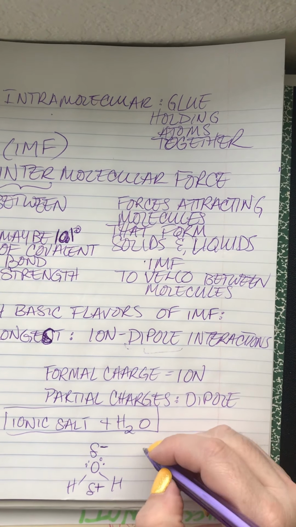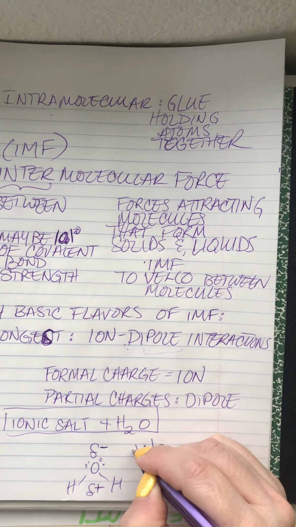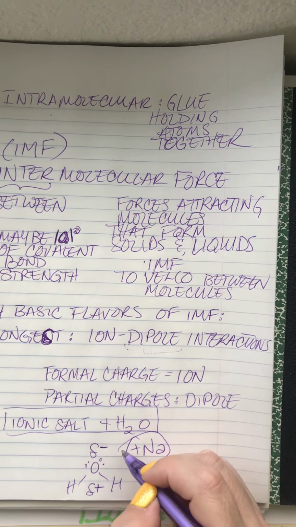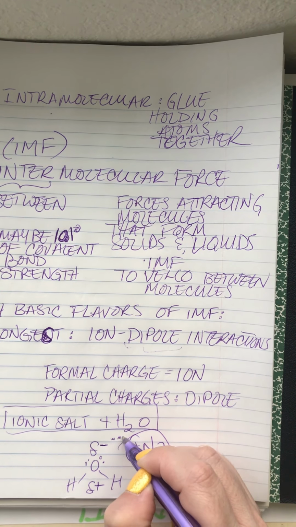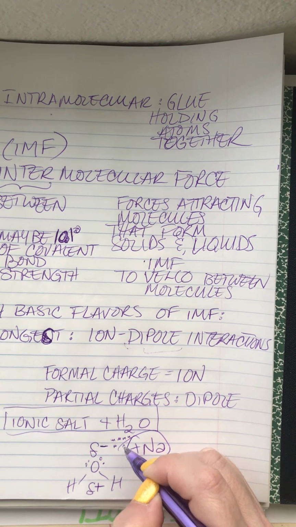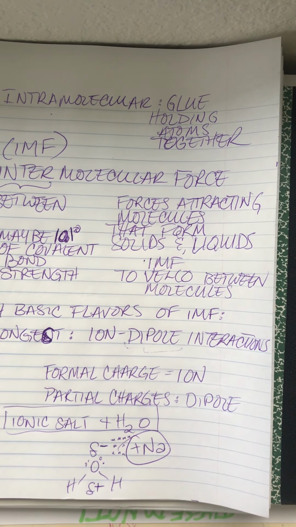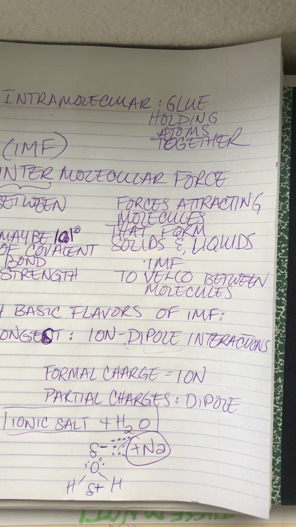And if we have something like, say, a sodium ion, that's going to be attracted to that partial negative on oxygen, right? Oh yeah, the blanket thing you talked about. Yeah, the blankie. Solvation blankie.